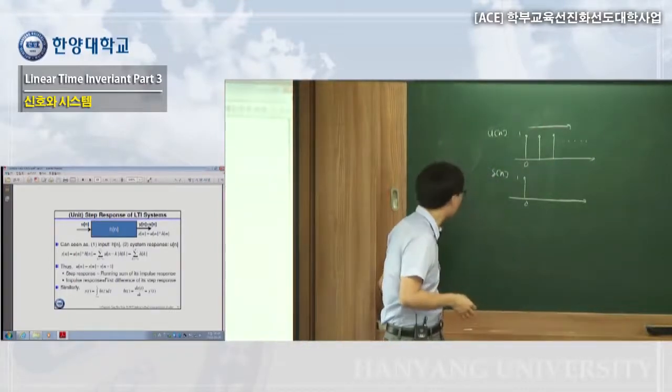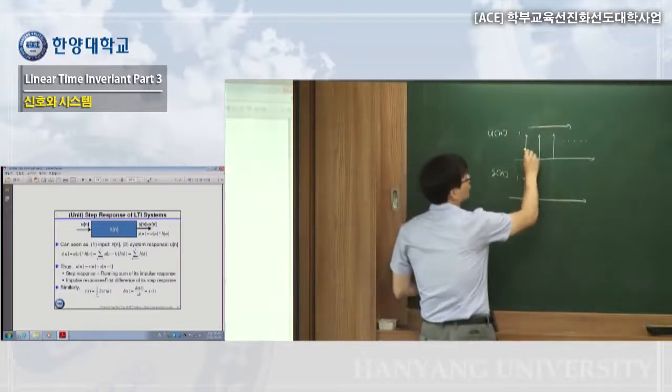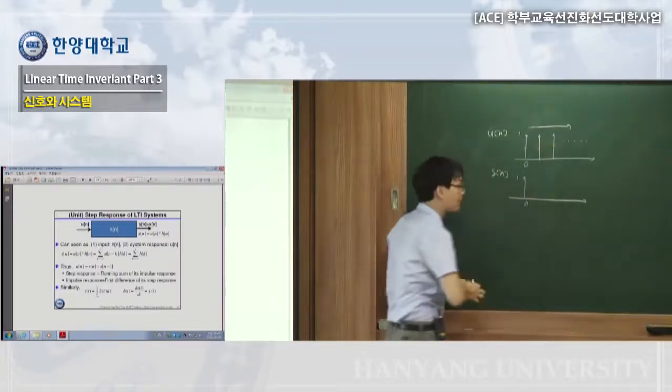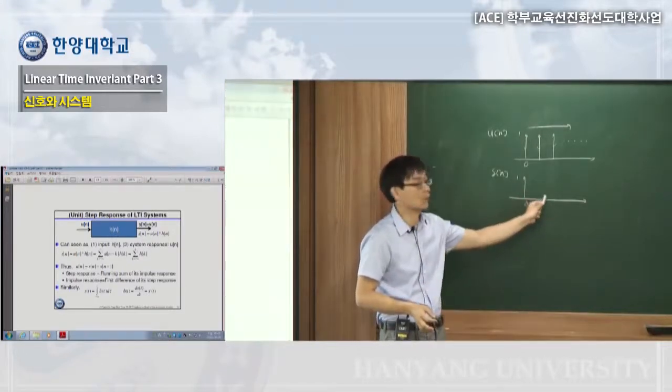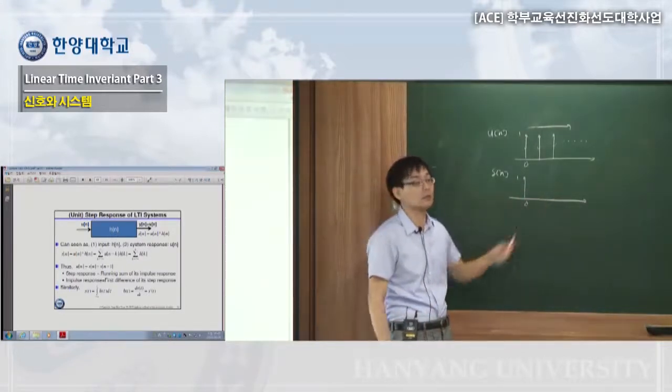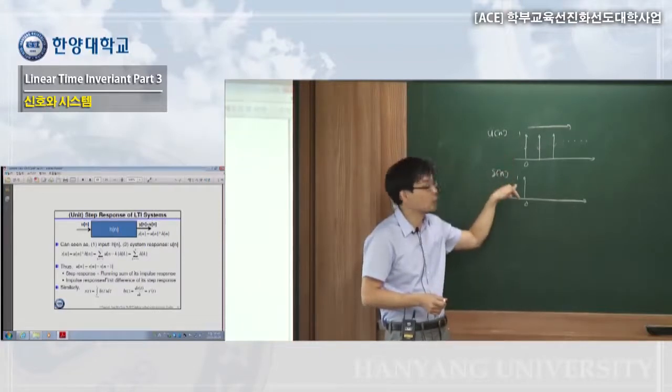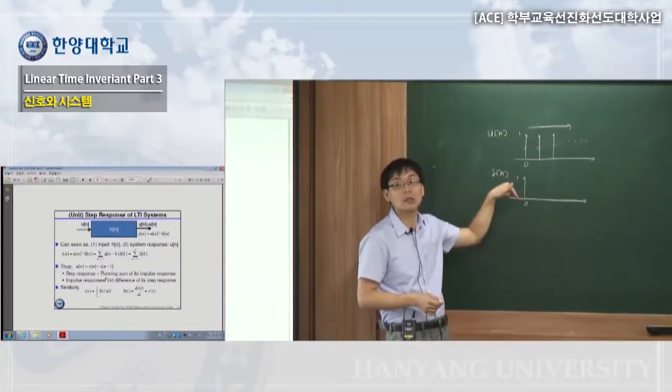Remember that each of the stems is a time-shifted version of delta, right? So how can this be represented?